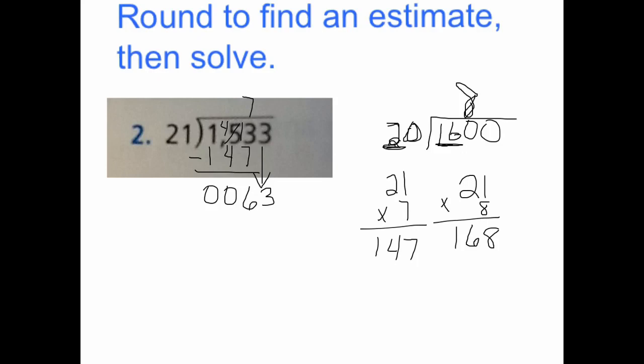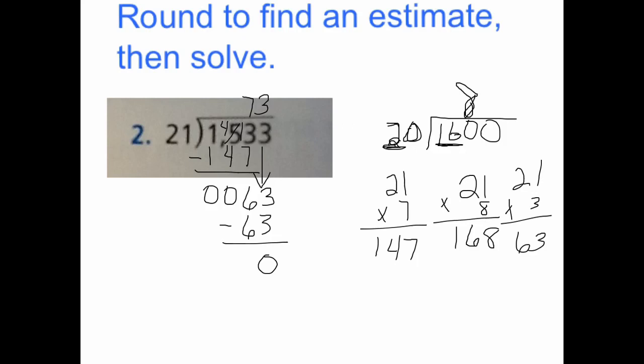Well, I know that 20 times 3 is 60, again using my rounding technique. So again, I'm going to try 3. 21 times 3, probably a mental math problem, is 63. So that worked out nice. And I have no remainder.